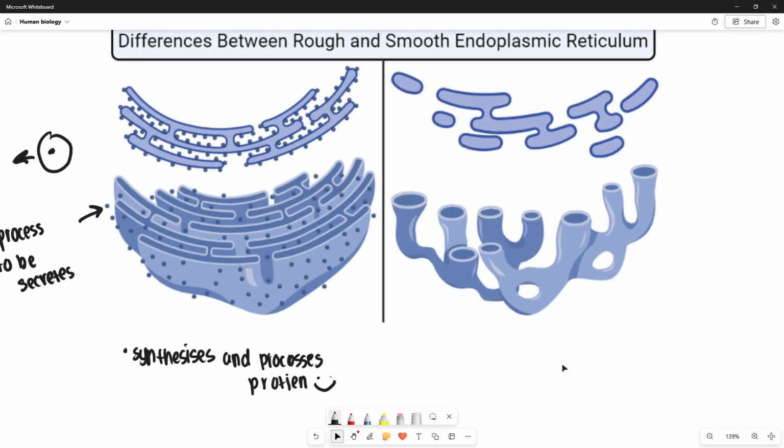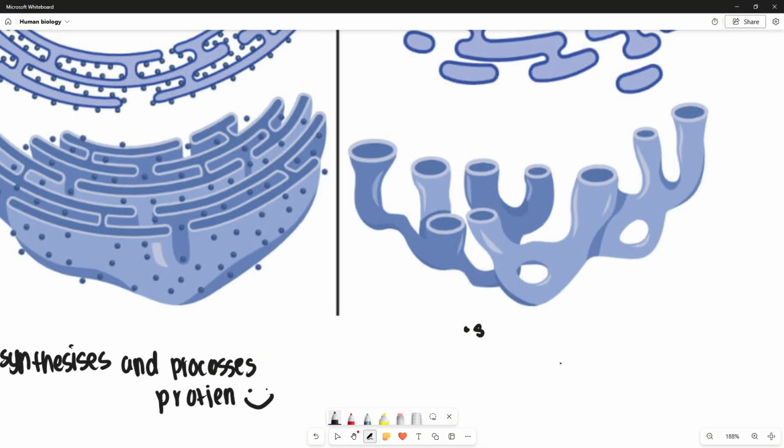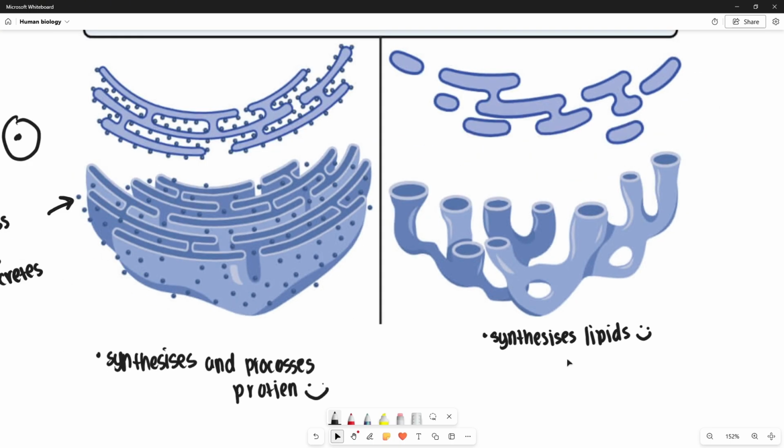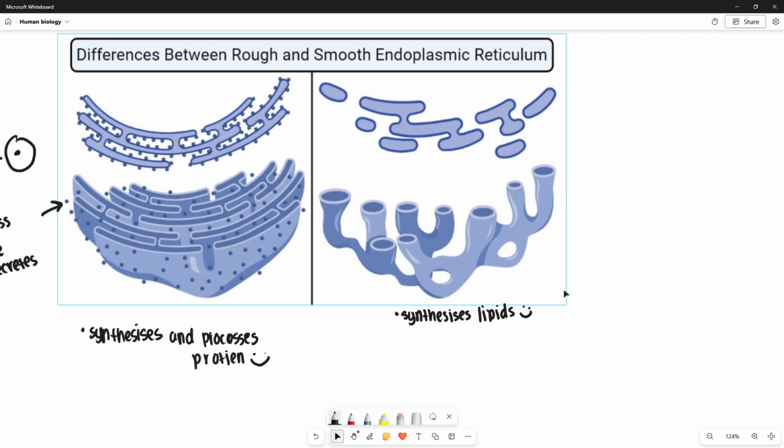But the main thing that you want to know is that it synthesizes lipids. That's a basic rundown of what it does.